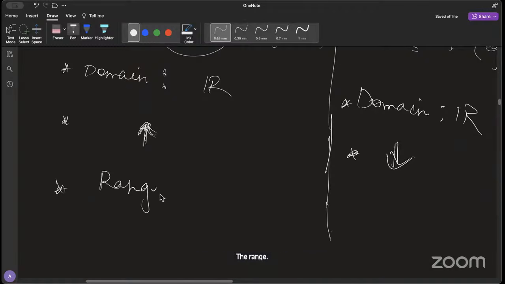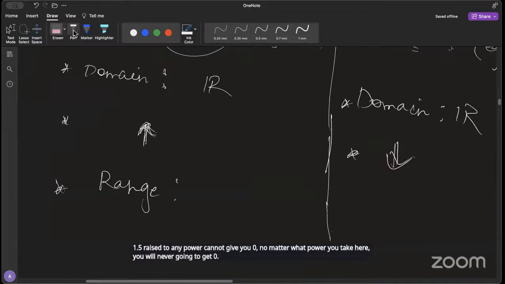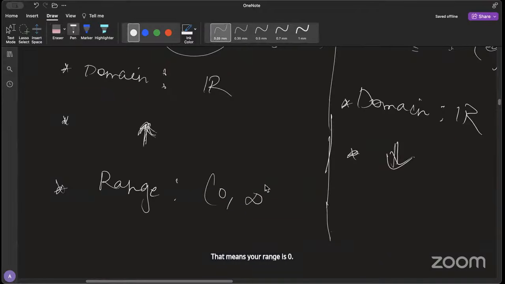What's the range of 1.5 to the power x? 0 to infinity. And is 0 included? No, 0 is not included because 1.5 raised to any power cannot give you 0. No matter what power you take here, you are never going to get 0. That means your range is 0 to infinity.